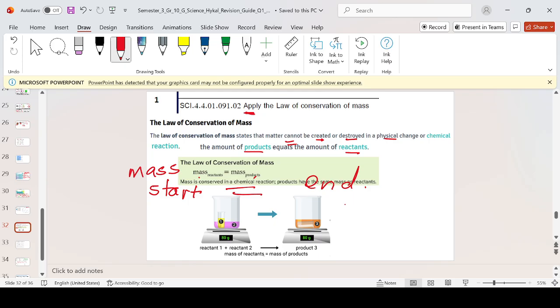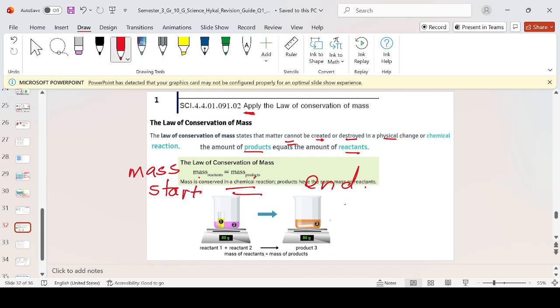Apply means you will solve one or two questions. So in question 1, you will solve a question which applies this. Let's solve the questions now. Look at this. Hydrogen, H2 means hydrogen. Reactants: hydrogen reacts, it means plus here, the oxygen.